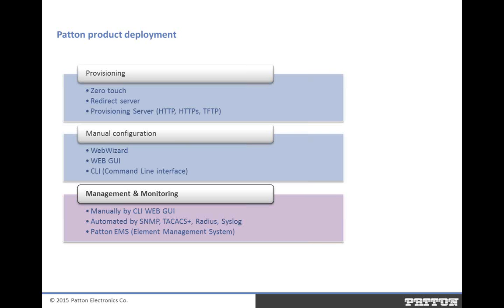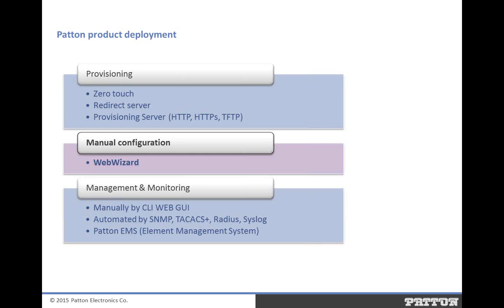That's a product from Patton which allows you to manage and monitor up to 100,000 units out in the field. And the good thing about this solution is it doesn't only work for Patton products, but also for third-party devices to be managed.